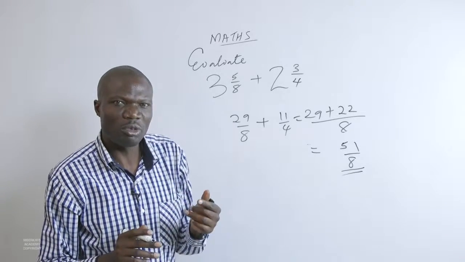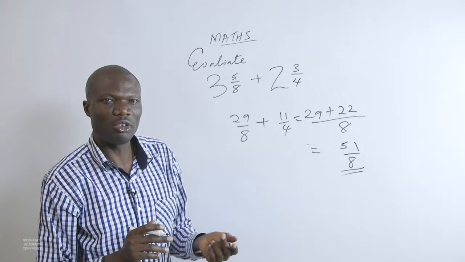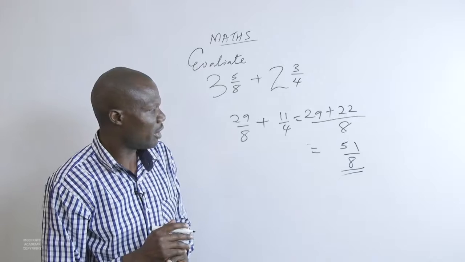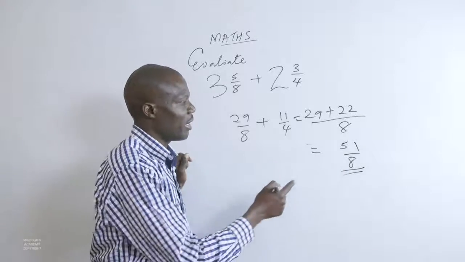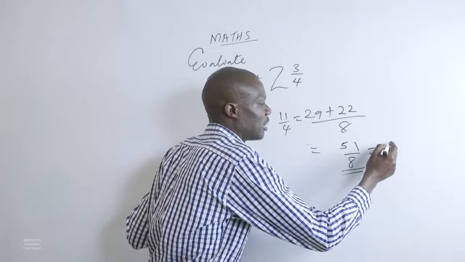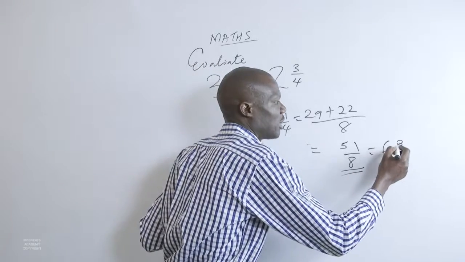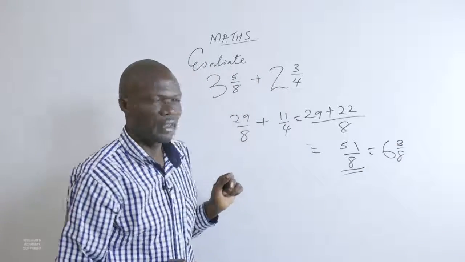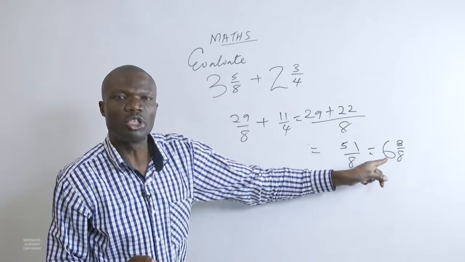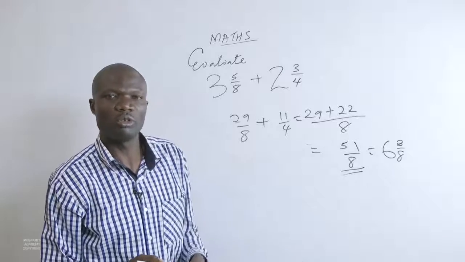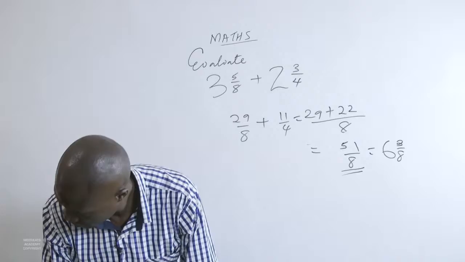If you chose to simplify, then you would divide, and you find that 51 divided by 8 is 6, because of 48, remainder 3. So it is 6 and 3 over 8. 8 times 6 is 48 plus 3 is 51. So we've not changed anything. What we've written is just the same.